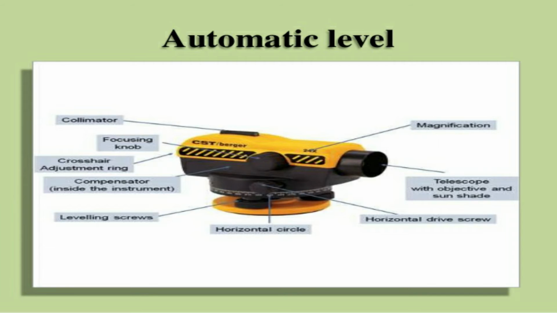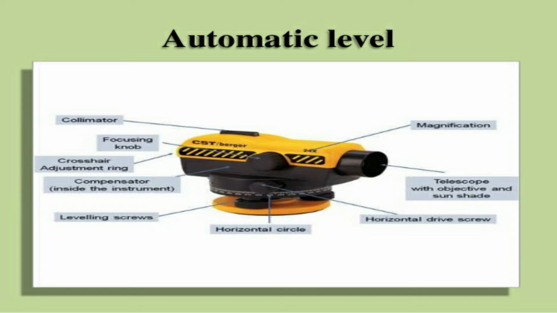What is auto level? It is similar to the dumpy level with its telescope fixed to its tribrach plate. For approximate leveling, a circular spirit bubble is attached to the side of the telescope. For accurate leveling, a stabilizer or compensator is fitted inside the telescope, which automatically levels the instrument.